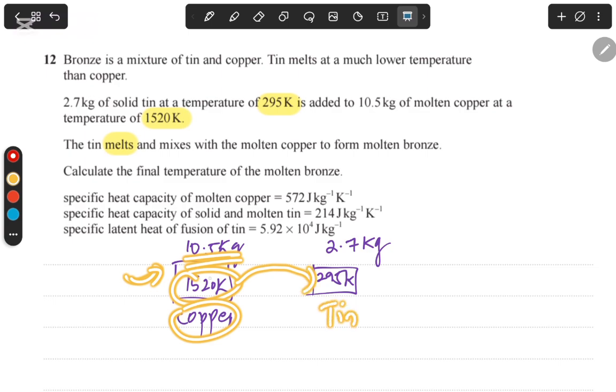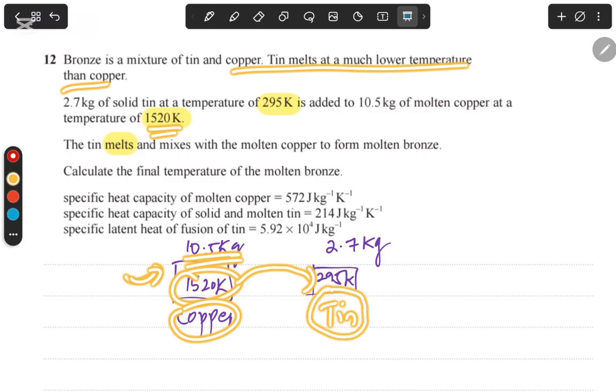The reason is that copper has a higher temperature and it also has a higher melting temperature as well, which we can see right over here. So copper has a higher melting temperature and also a higher temperature of 1520 Kelvin. So the energy will go from copper to tin.